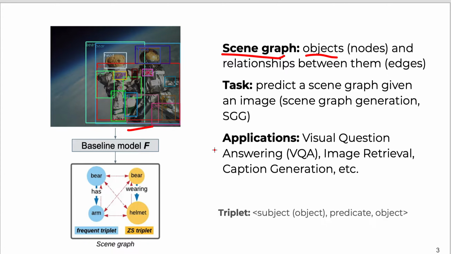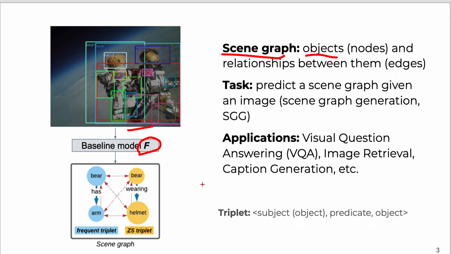So the task is to use some model F that will predict the scene graph from the image, and it has many different applications, starting from, I think, the most important one, visual question answering, VQA, and there are also image retrieval, caption generation, and many other applications.